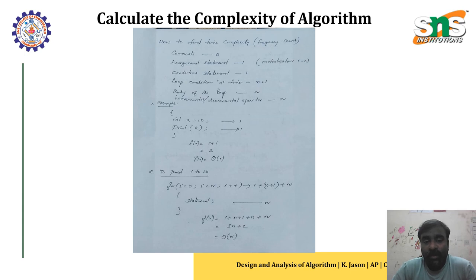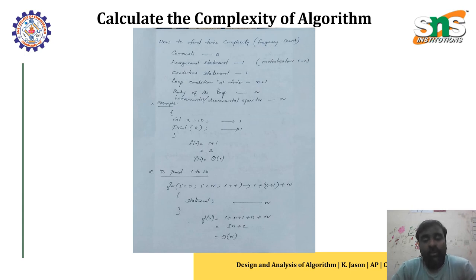Next line, print A, is executed one time, so 1 unit of time. So f(n) is equal to 2. Any such value, whether 2, 100, or 1000, is a constant, so the time complexity is order of 1.